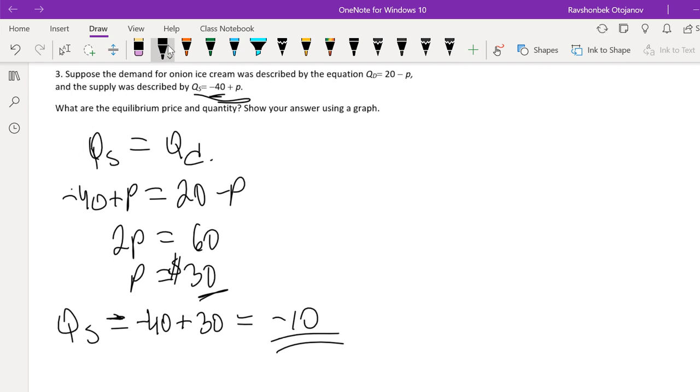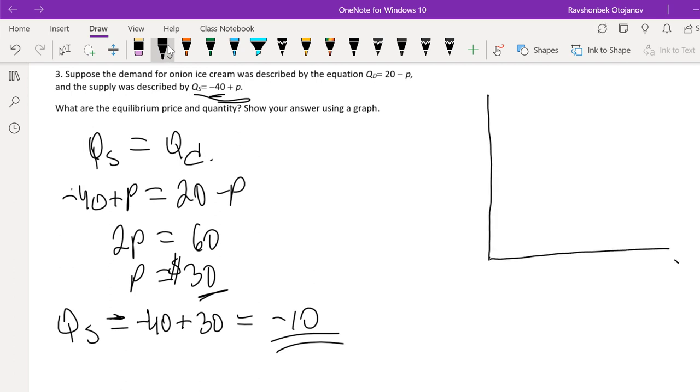What we can say is this, from an economist's point of view, the quantity in equilibrium is zero. If you draw this, this is where it starts making sense.